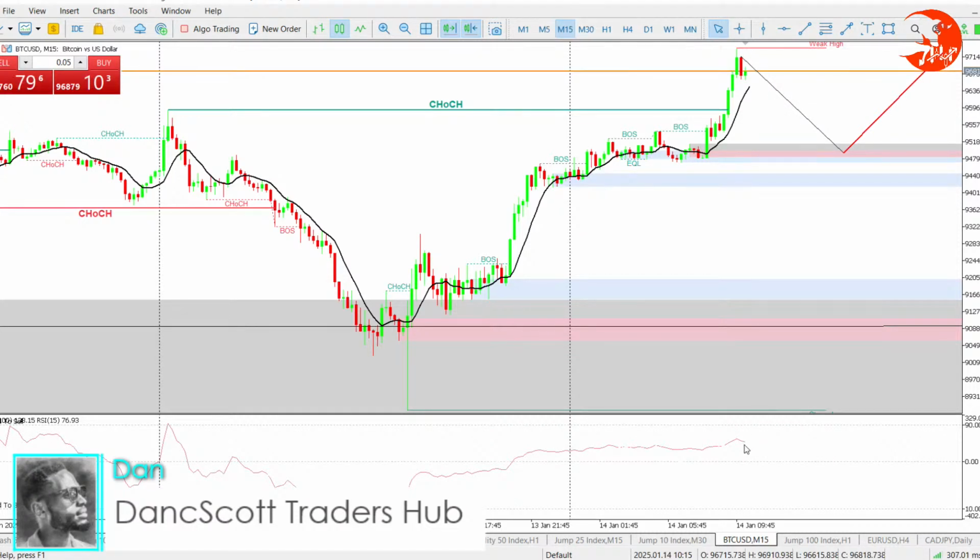How do we know that sells will be valid? If price is confirmed here to be overbought, but also you want something like this. Remember, if this is what I'm anticipating, this candle to close just about there, then the next to come in stronger for that move. And what would that be for us?